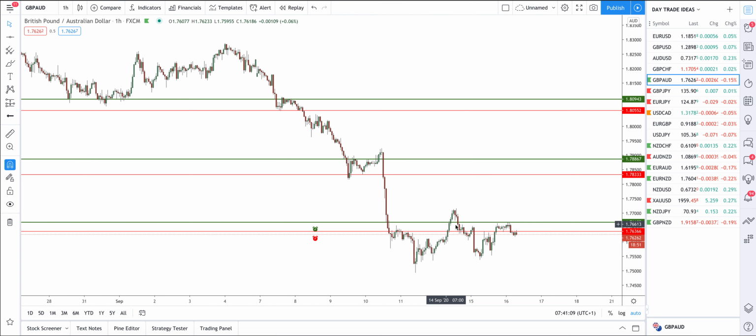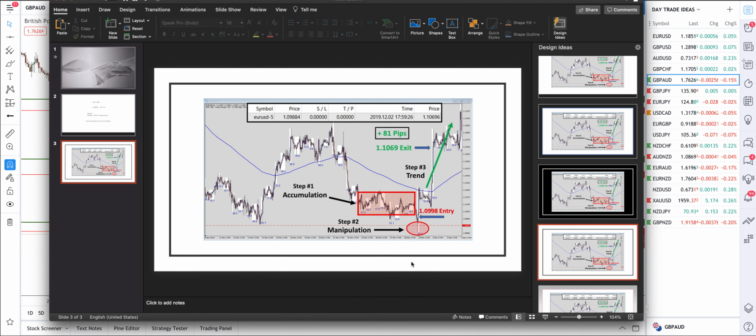Let me show you something else, something I got from the internet somewhere. If you look at this Euro USD chart from 2019, some time ago, you can see the accumulation phase during the Asian session, and then when they push it out, which is a false move to the downside, that's the manipulative phase. They push it down, and then that's the real trend phase.